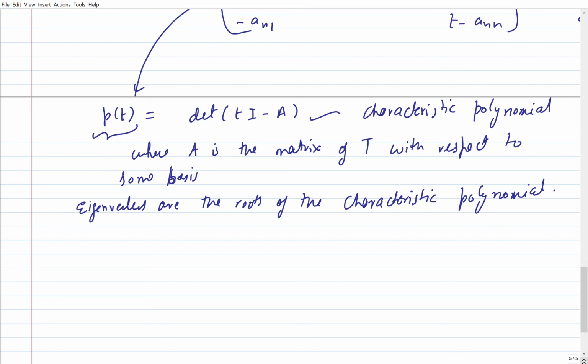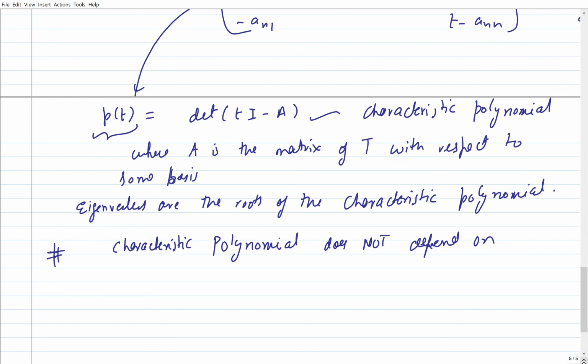So a few properties of the characteristic polynomial. The characteristic polynomial does not depend on the choice of bases.